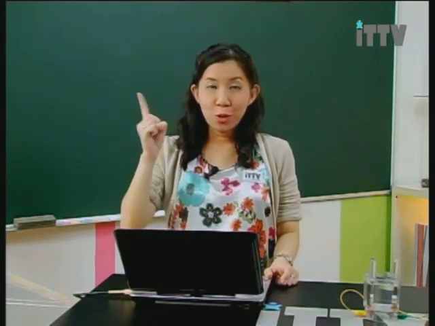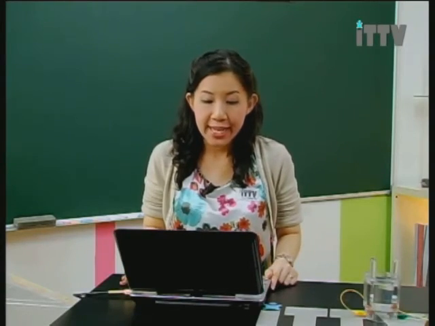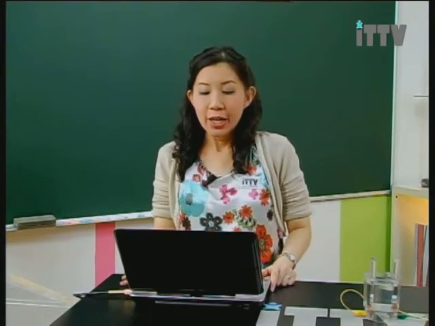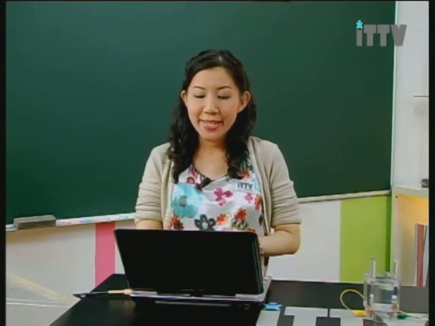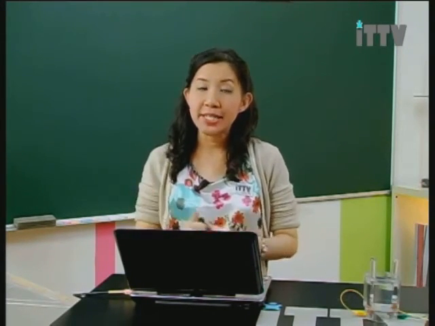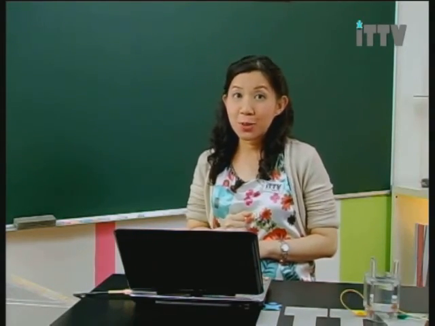Now for Roman numeral 1, electrode Y is the negative electrode. Is it correct? Firstly, remember for this setup, you have iron 2 plus sulfate and you have the potassium manganate solution. Let's jump to the board to have a better understanding for this question.